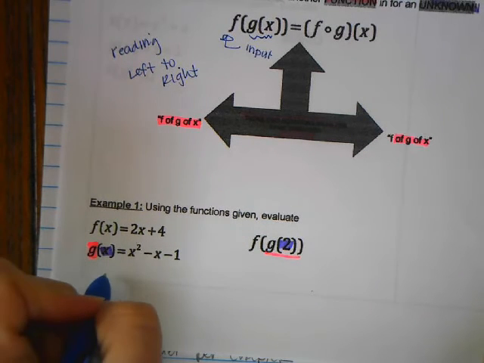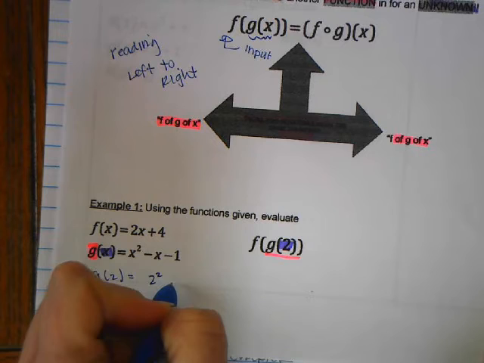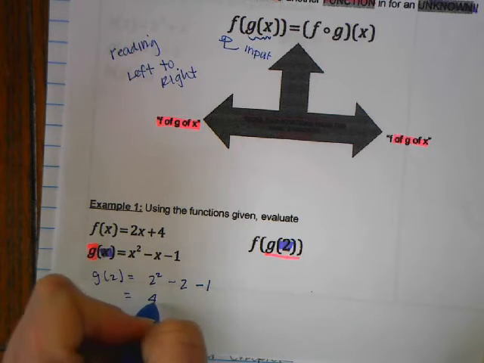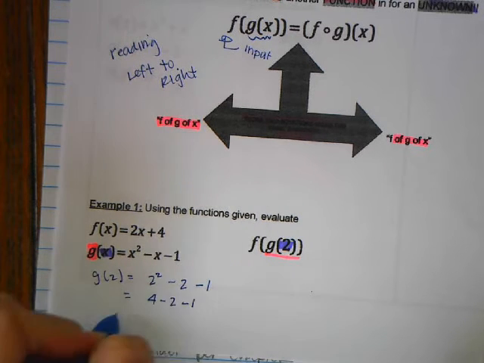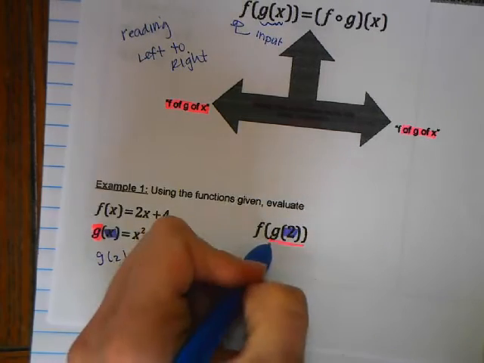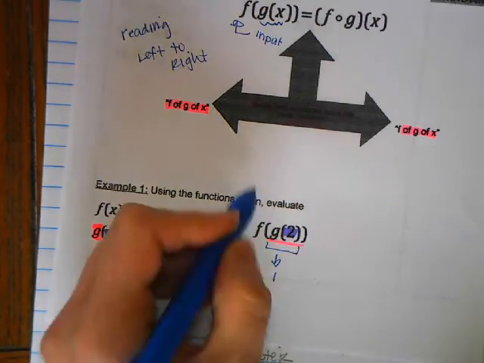So g of 2 is equal to 2 squared minus 2 minus 1, which equals 4 minus 2 minus 1, which is equal to 1. So this g of 2 is really 1.